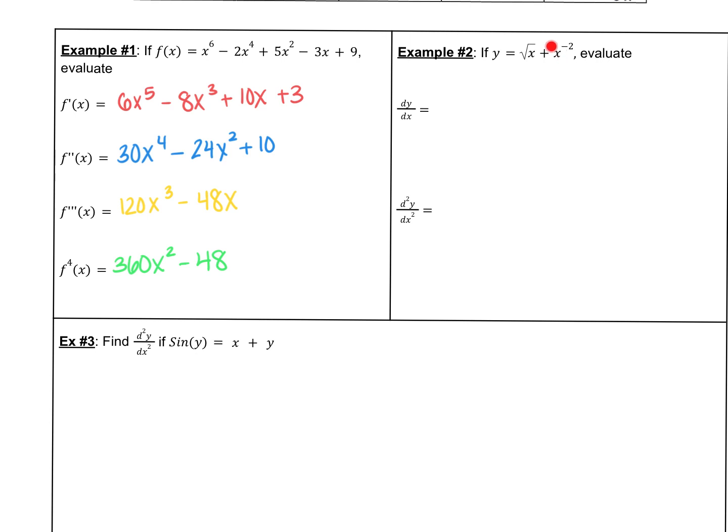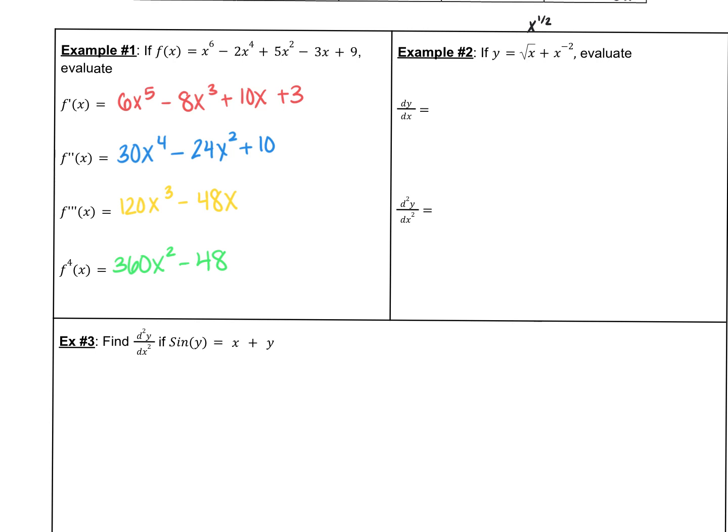Now I can make it a little bit harder by asking you something like this, right? So here's y equals, and I want you to take the derivative, and then I want you to take just the second derivative. So I notice that I have a radical here. It would be in your best interest to know that the square root of x is the same thing as saying x to the 1/2. I would probably rewrite that.